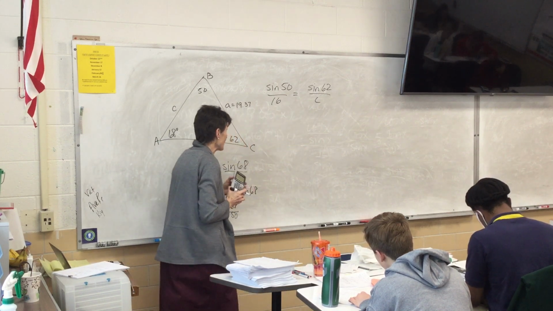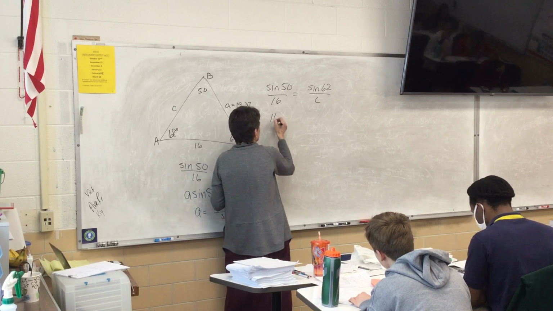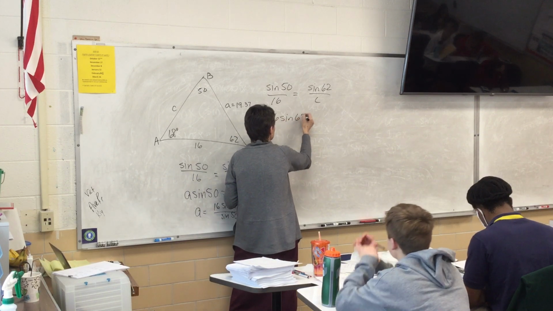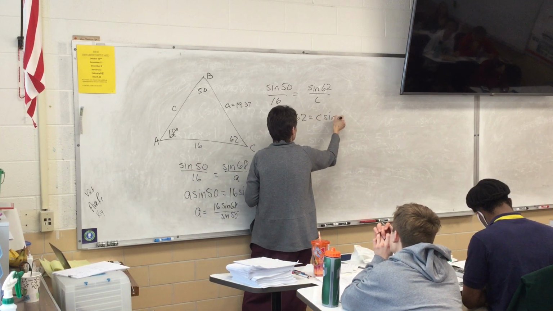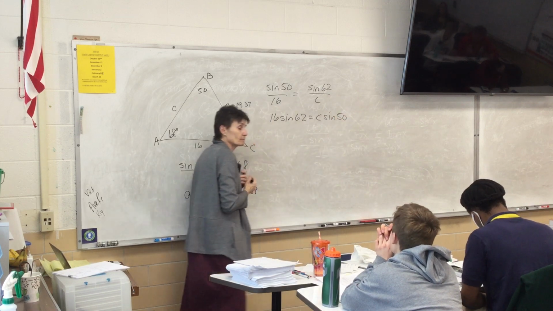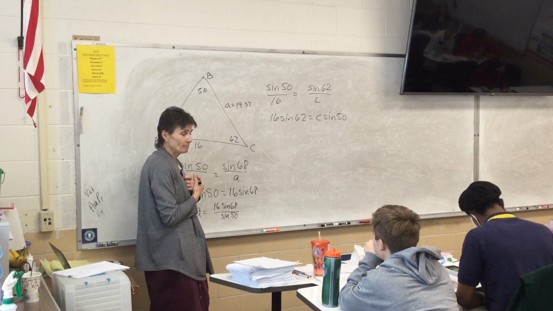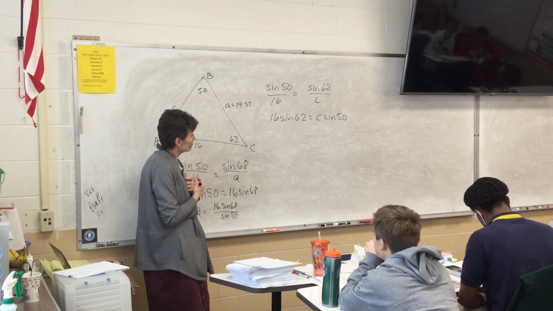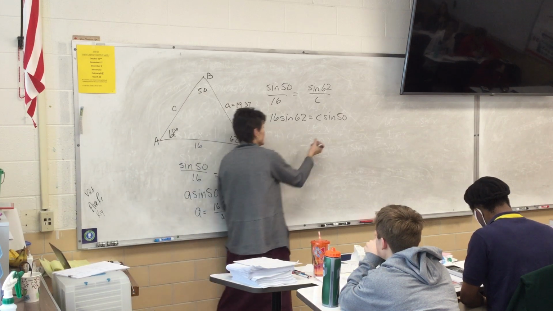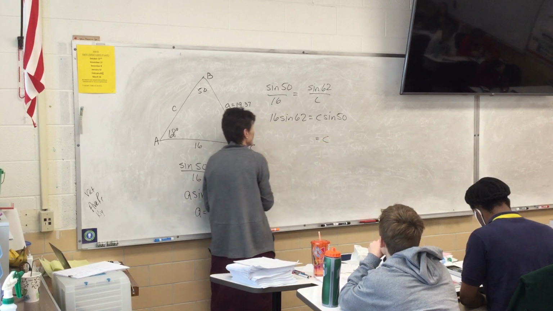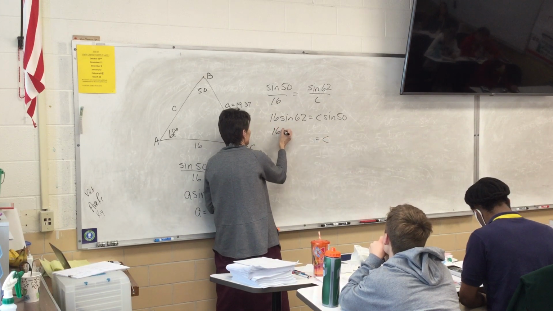Now we're going to do the same thing. So we'll say 16 sine 62 equals C sine 50. What do we divide by? Trying to get C by itself, so what do we need to divide by? Sine 50 again.